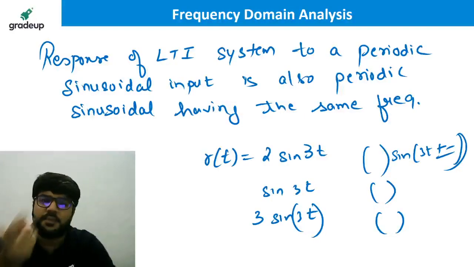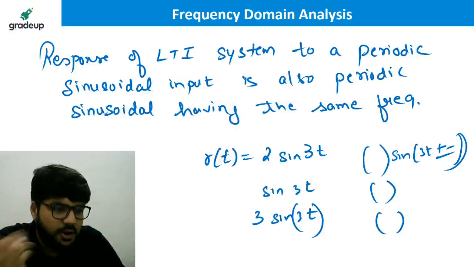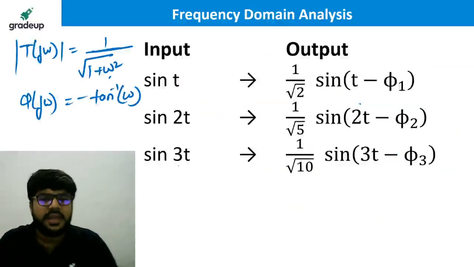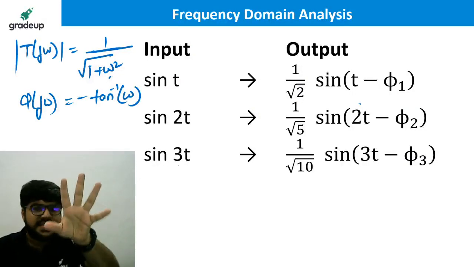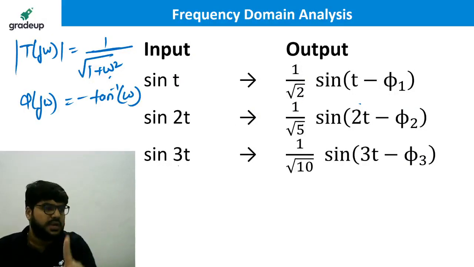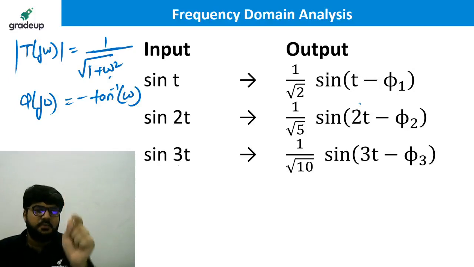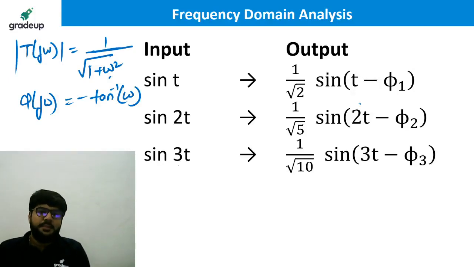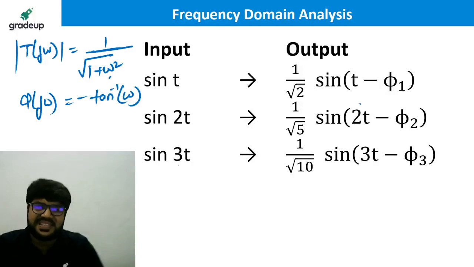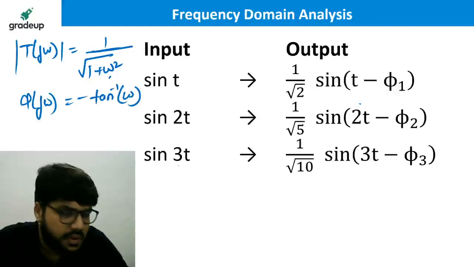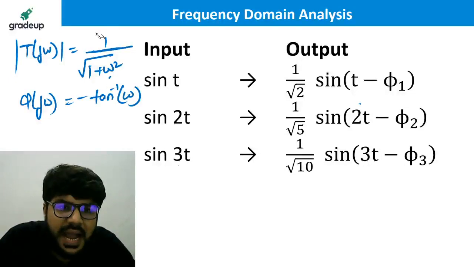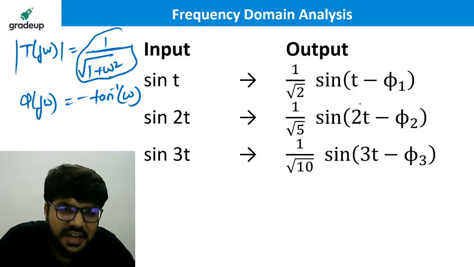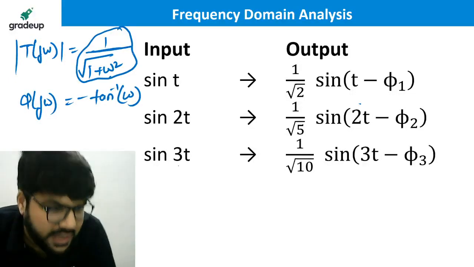That means input and output are both oscillatory. At what amplitude is the output oscillating? See, I have considered inputs which have amplitude equal to 1. But in each and every case, the output is oscillating at a different amplitude. Why? Because the amplitude of output depends on this function, 1 upon under root 1 plus omega square.